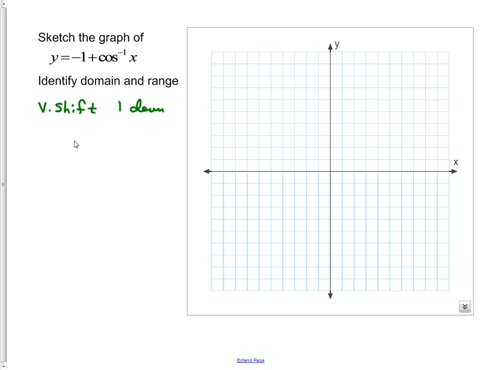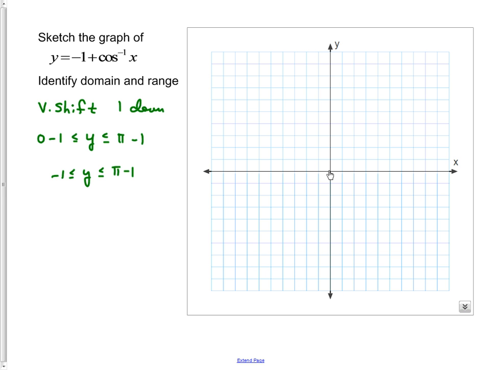Well, normally our y values would go between 0 and pi. Right? So 0 to pi. But we're adding negative 1 to that. So we're subtracting 1 from both ends right here. And so really, our range is going to go from negative 1 to pi minus 1.